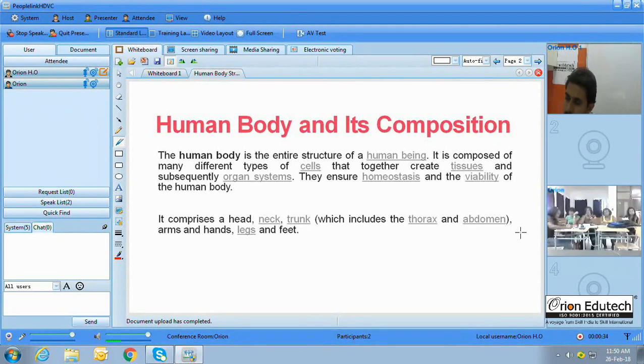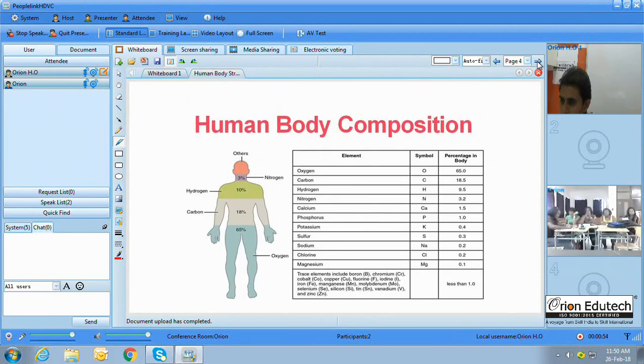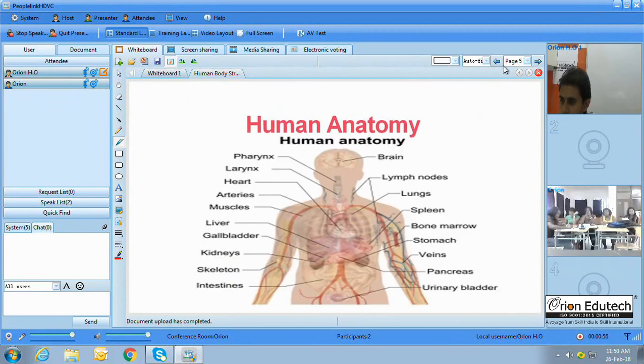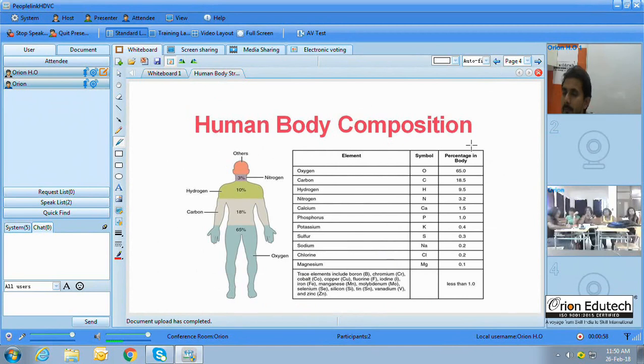Visible. Yeah, so, can you see the slide? Yes. Okay.